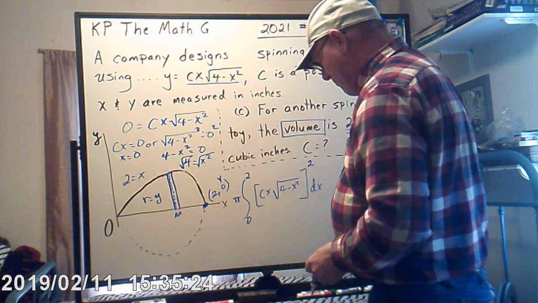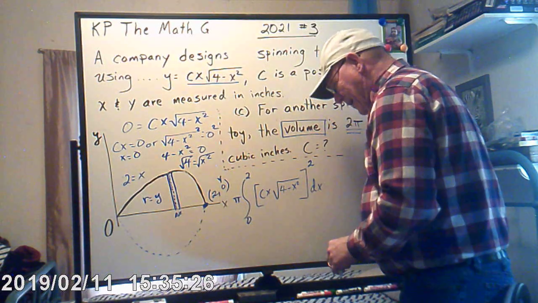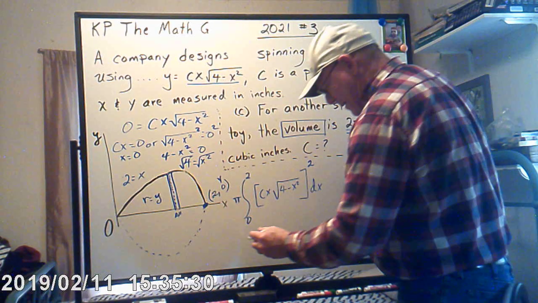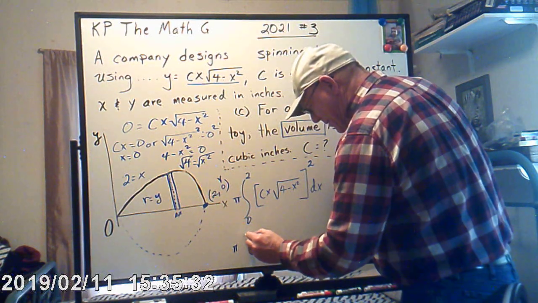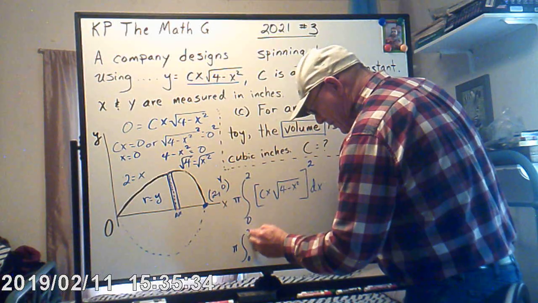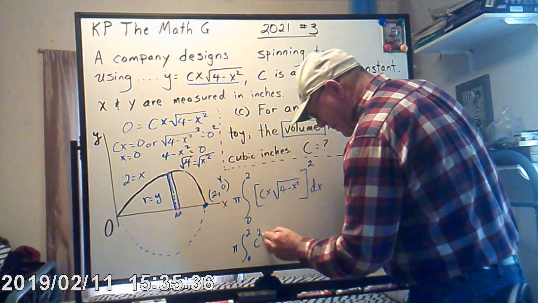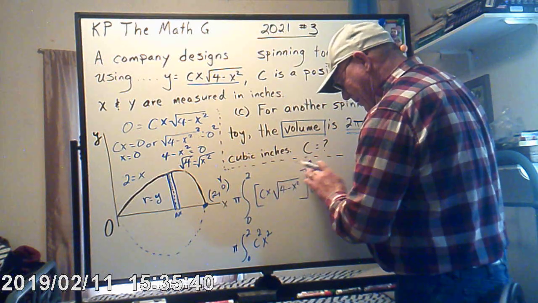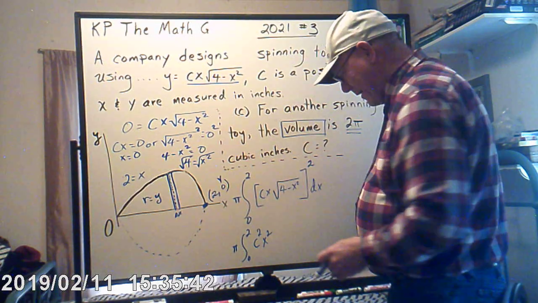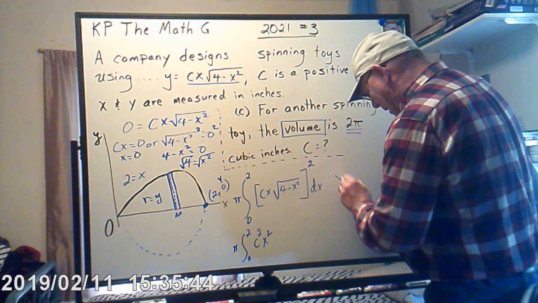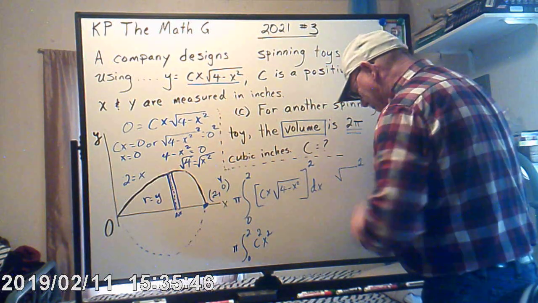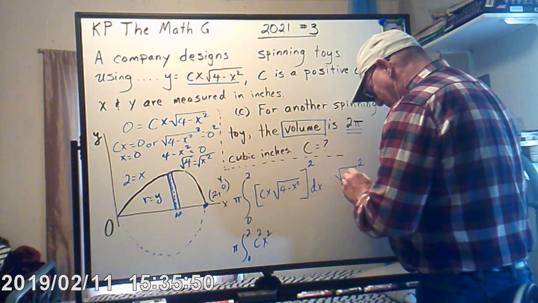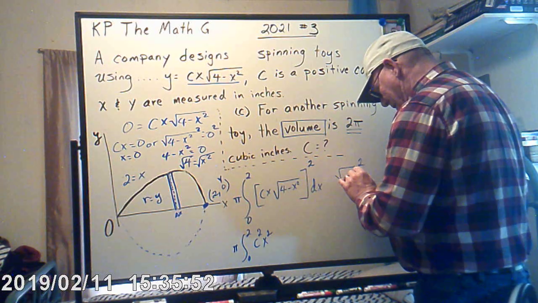Alright, now let's do a little bit of algebra or arithmetic, cleaning up some stuff. Now this is c squared x squared, because when I square c and when I square x, that's what I get. And what happens when we square a square root? Well, that's just whatever is inside.